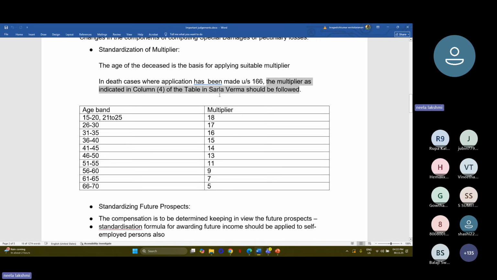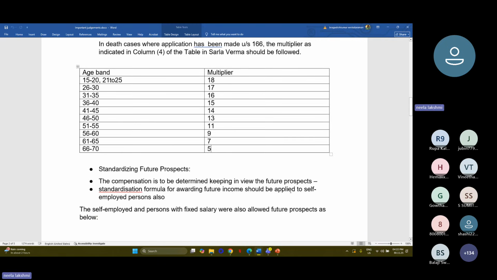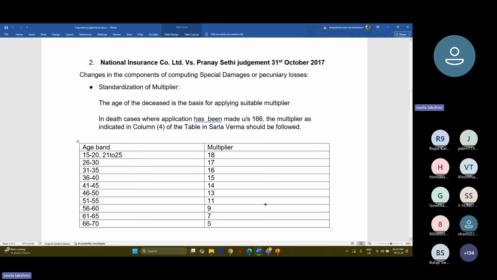I told you, even Sarala Varma's table of multipliers was confirmed in the Pranay Sethi case. Here you see from age band 15 to 20, 21 to 25, 18 is the multiplier. The age band and the relevant multiplier are given here. You may try to remember that the minimum multiplier is 5 and the maximum is 18.